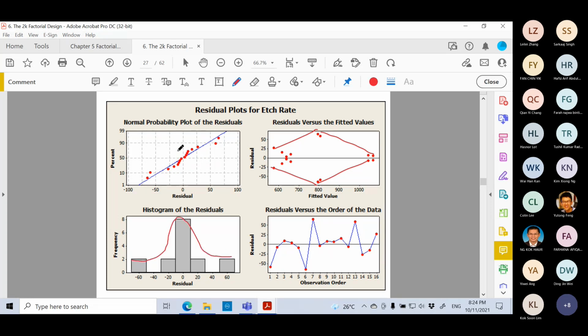The normal probability plot also shows that the points are quite close to the line, but there is a pattern here. Based on the graphs, sometimes we cannot be sure whether it is normal or not normal. From here, it looks symmetrical, but it is not really normal. So what we can do is use a goodness of fit test to test whether this pattern is really a normal shape or not. This one is only symmetrical.